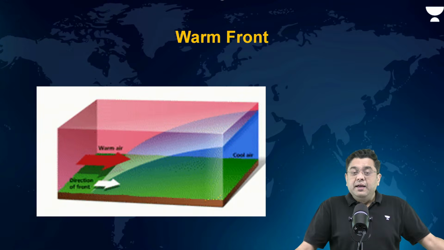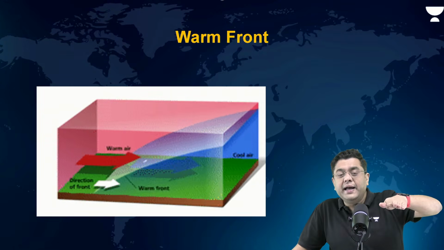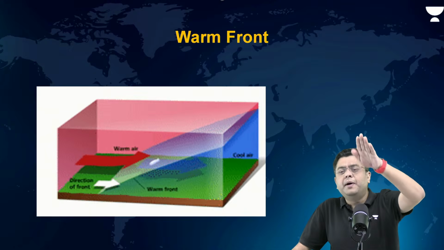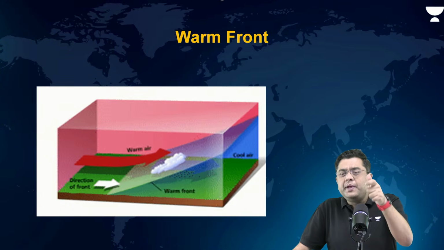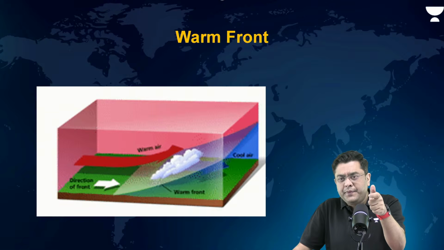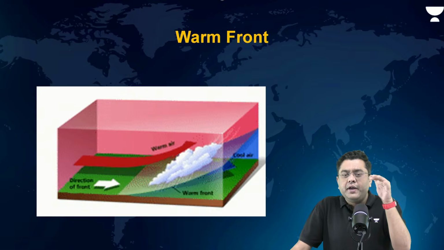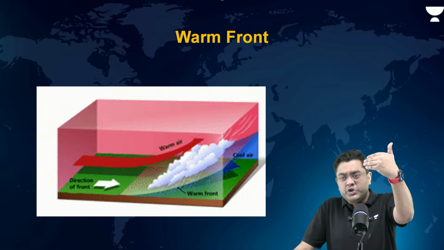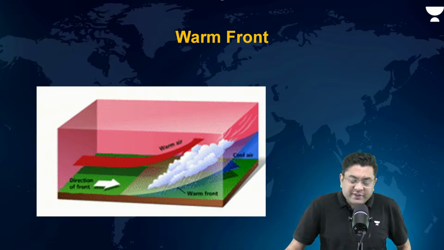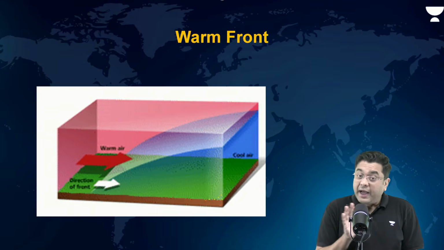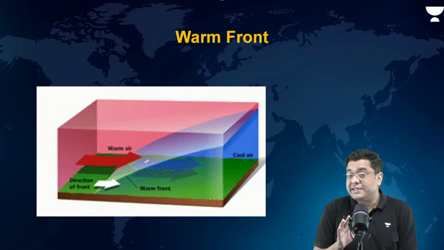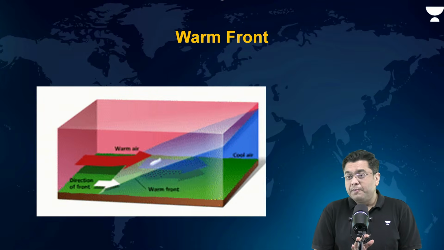And still, warm air, as it is pushing ahead, it gets lifted above also. Why? Because warm air is lighter, less dense. It will get pushed ahead. Okay, so that is the case of a warm front. I hope everybody is able to understand this with animation.